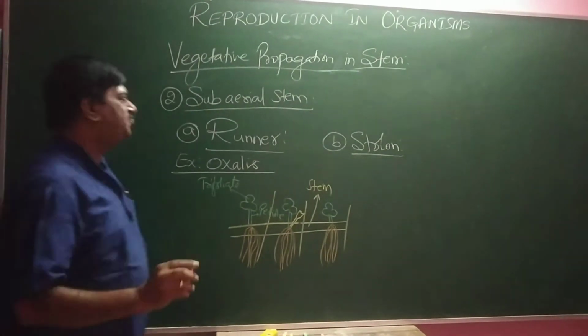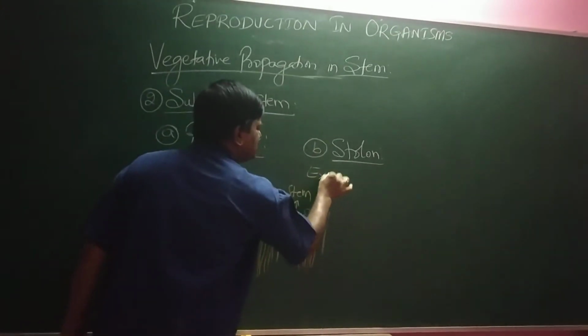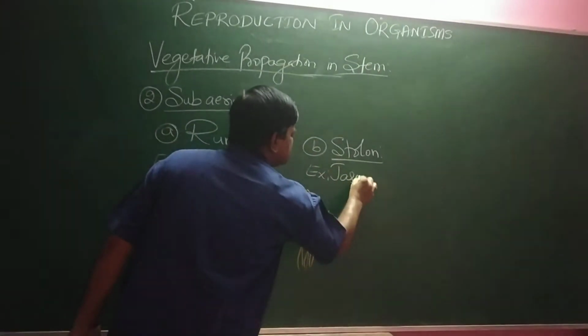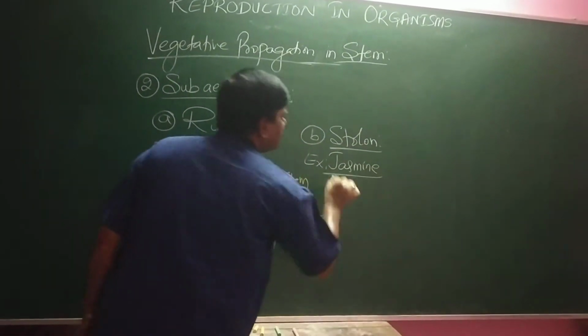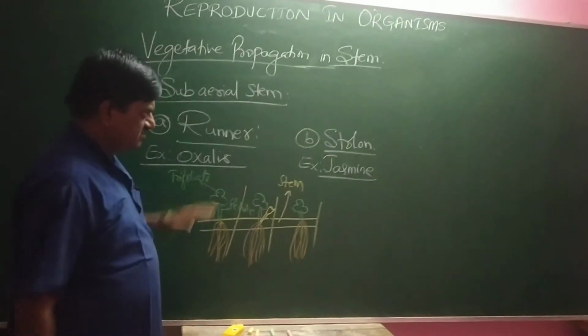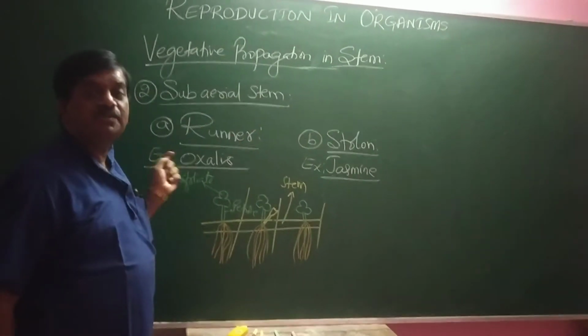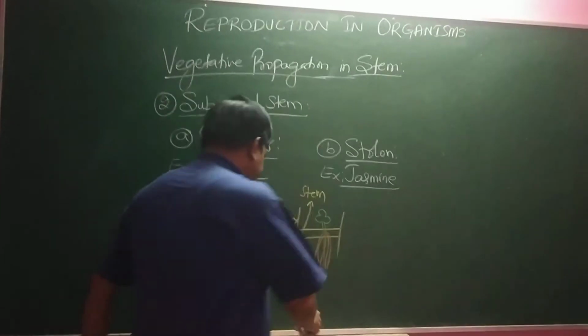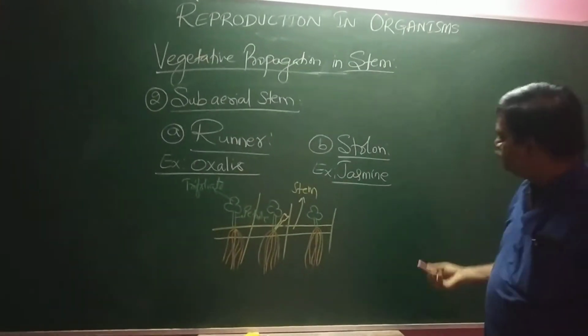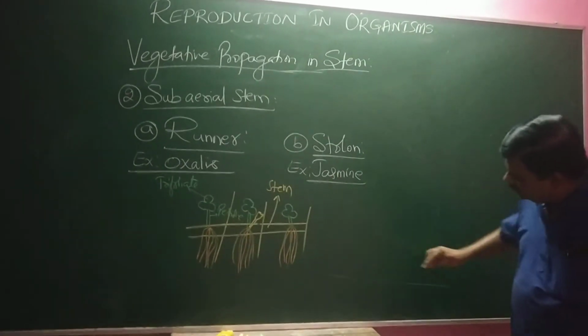Example for stolon is jasmine. In a jasmine stolon, there is a presence of an elevated stem. We know that this is the ground level.